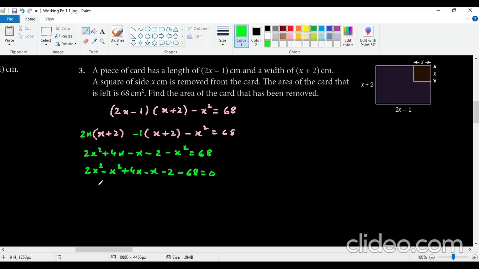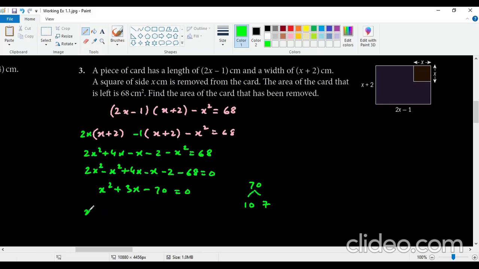So this is going to give you x square plus 3x minus 70 equals 0. Now to find the factors of 70, it's 10 times 7, and plus 10 minus 7 is going to give you a plus 3.